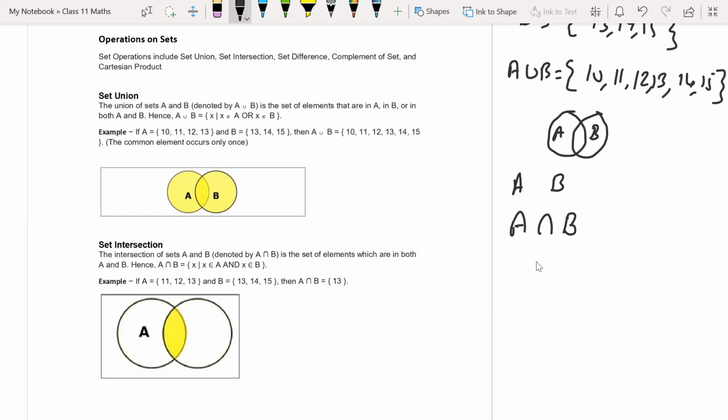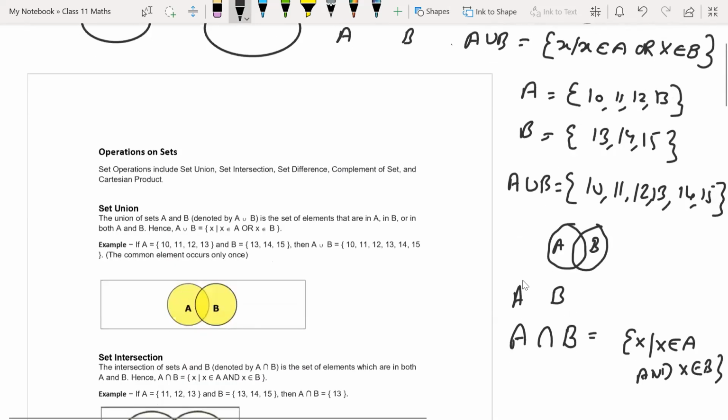AND operation, A ∩ B: if A and B are sets, then it states x is such that x belongs to A and x belongs to B. Both conditions must be true.